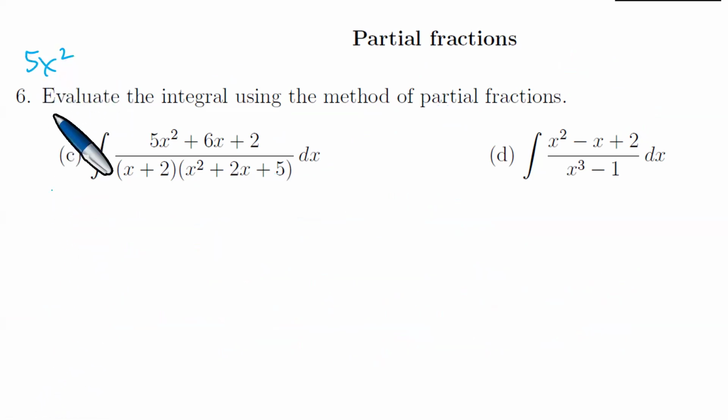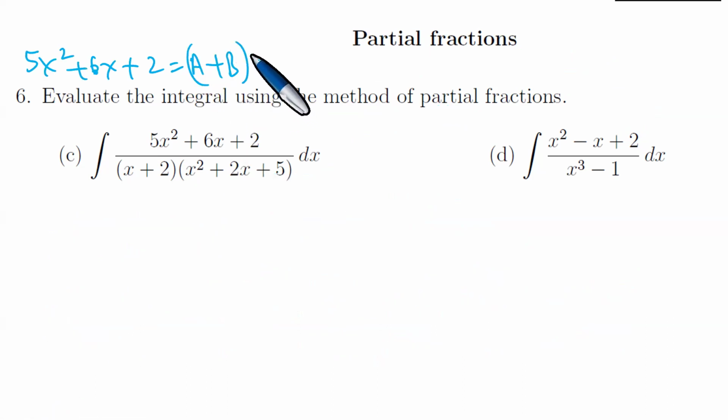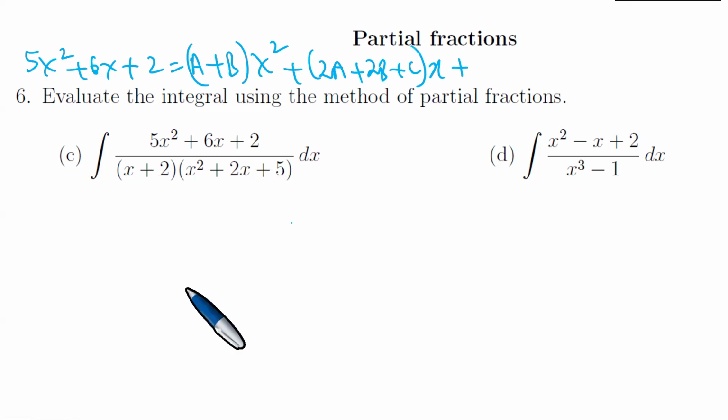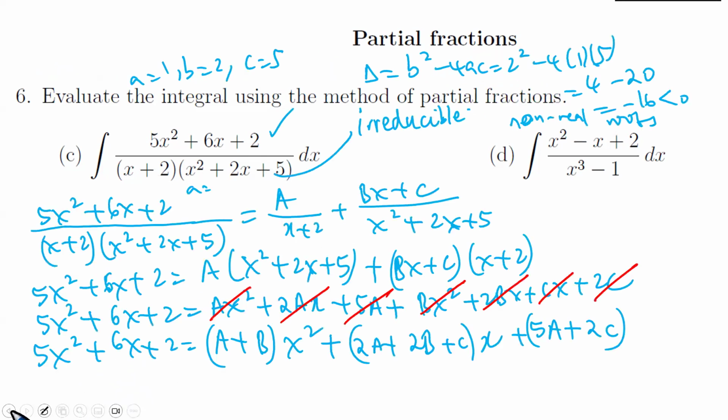So now we have 5x squared: a plus b times x squared, plus 2b plus c, and then we have 5a plus 2c.